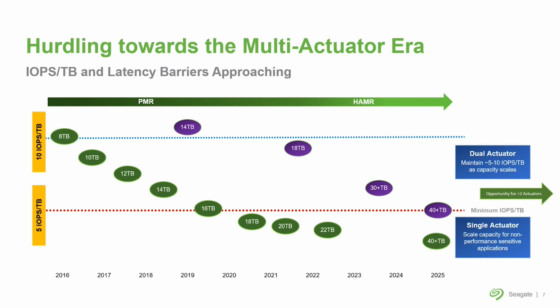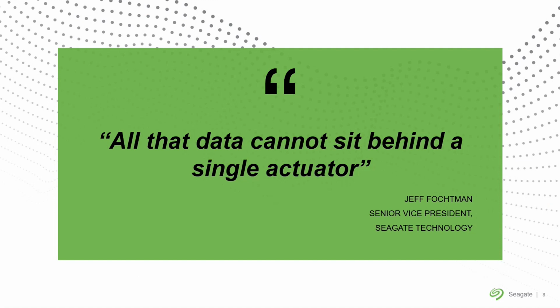That's going to flip to where, at some point in the future, dual actuator and multi-actuator is going to become the predominant nearline drive in the industry, and single actuator is going to be relegated to archive and lower performance, lower latency types of implementations.